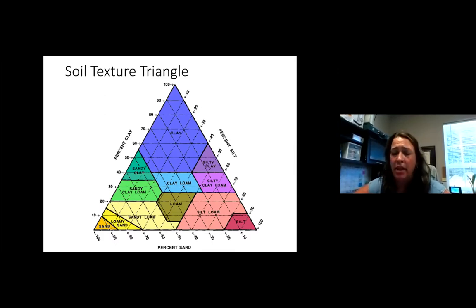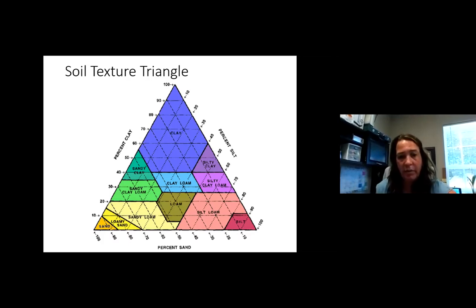But clay dominates this triangle. A lot of us have clay soil, and even as much as 30, 40% clay will provide most of those characteristics. So even if your soil is only 40% clay, but you have more loam, you're going to have a lot of those characteristics that clay soils have.